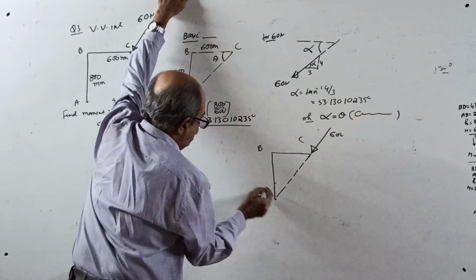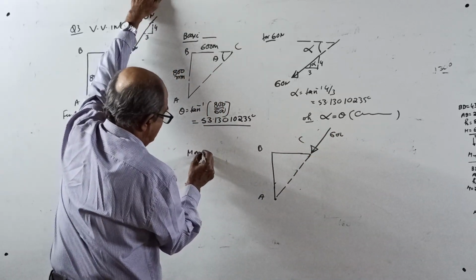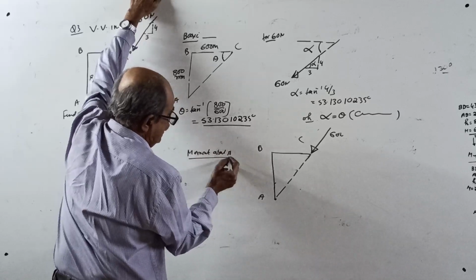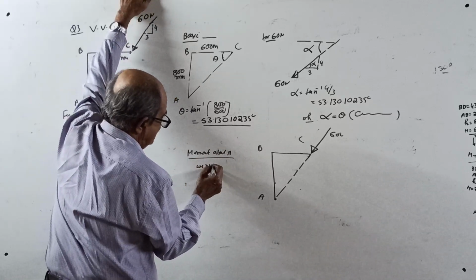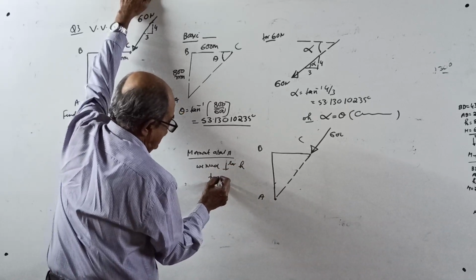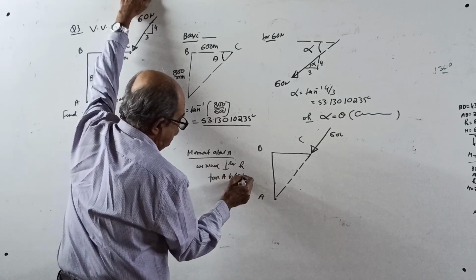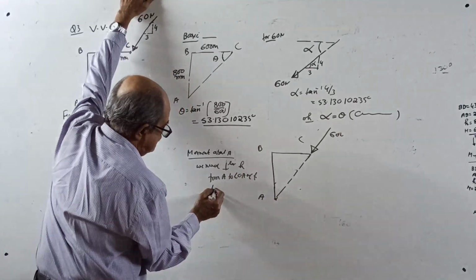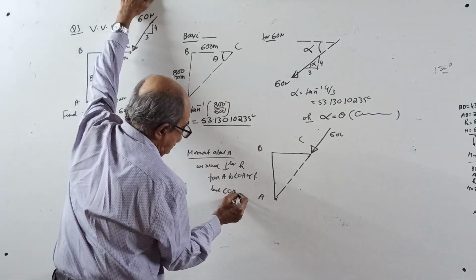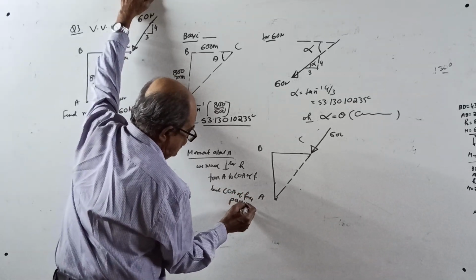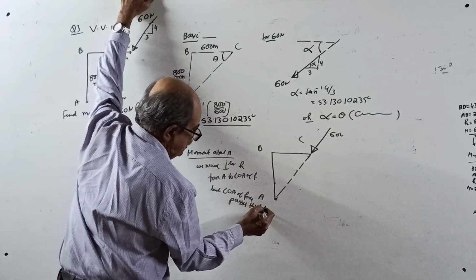Now we want the moment about A. For that, what do we need? We need the perpendicular distance from A to the line of action of the force. But the line of action of the force passes through A. Of course, coincidence.